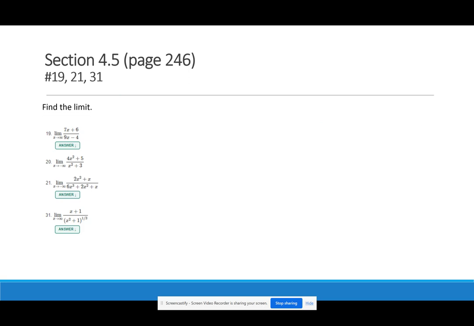Now, 4, 5, I actually covered that when we did limits in chapter 2, but we used it again when we got to curve sketching, because when you're looking for the limit of a function as x goes to either positive or negative infinity, you're looking at the end behavior of a function.